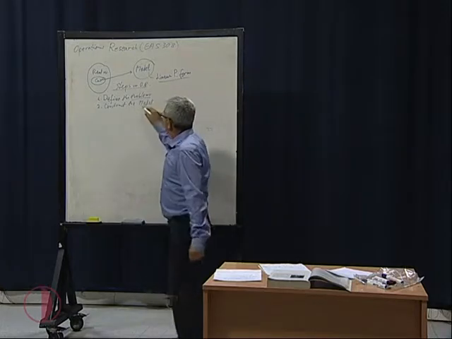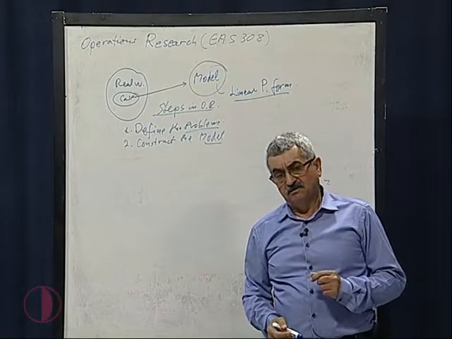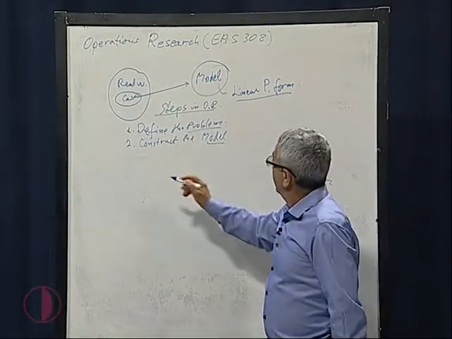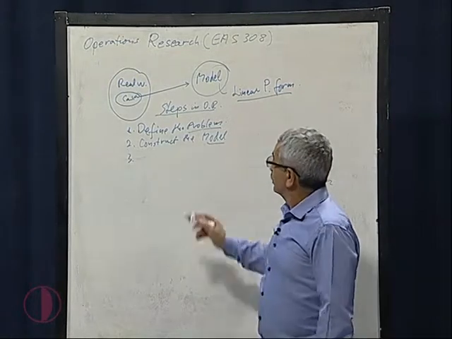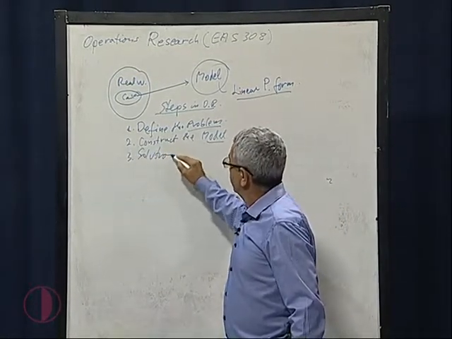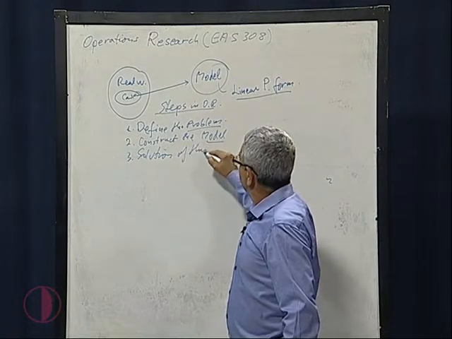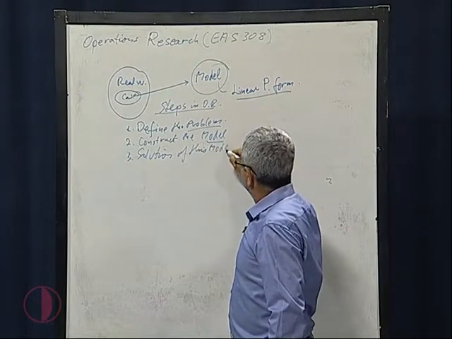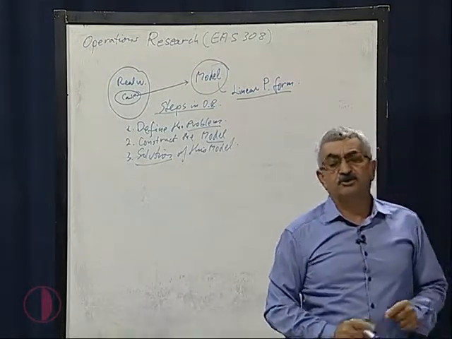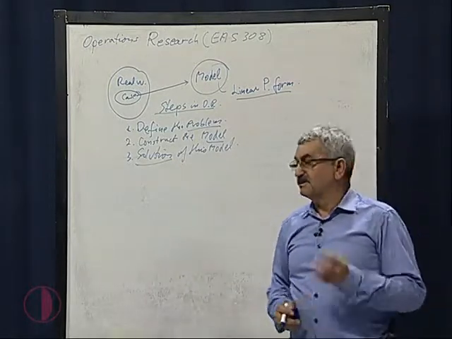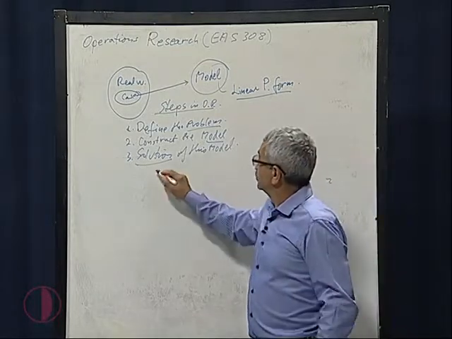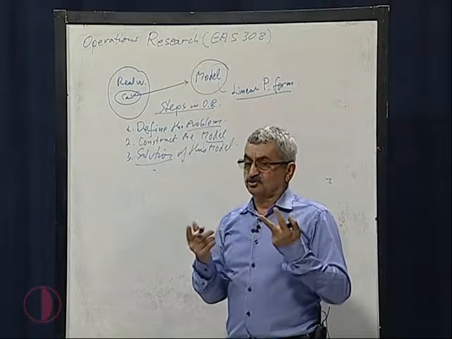This model, as you know, is the mathematical model, consisting of many mathematical expressions. And today, we are going to see the next step, which is the solution of this model. Solution. To find the optimal feasible solution, as you remember, we have talked about, there are many methods.